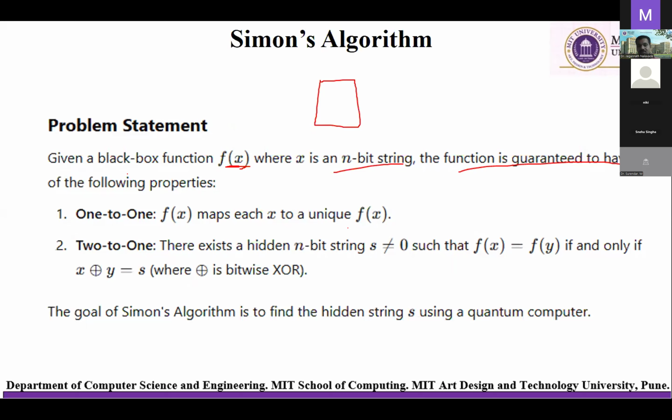This is called 1-to-1, and the second is 2-to-1. 2-to-1 means two x values have the same f of x value, but there exists a hidden n-bit string s, not equal to 0, such that f of x is equal to f of y if and only if x XOR y is equal to s, where XOR is the bitwise XOR operation.